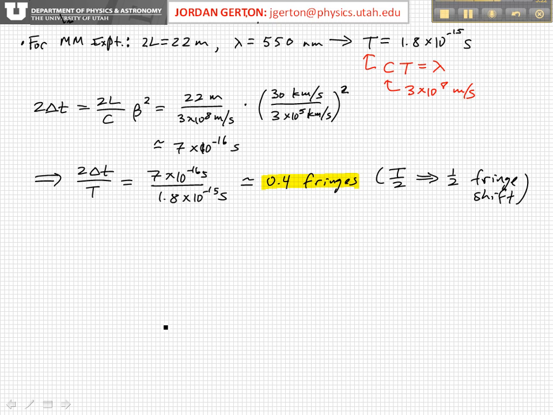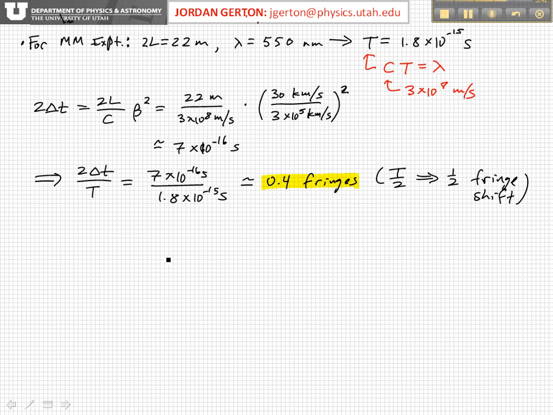All right, and it turns out that Michelson and Morley, although they expected to see 0.4 fringes of shift, saw nothing. They saw something which was consistent with 0. And let me also point out that the precision of their instrument was much better than 0.4 fringes.